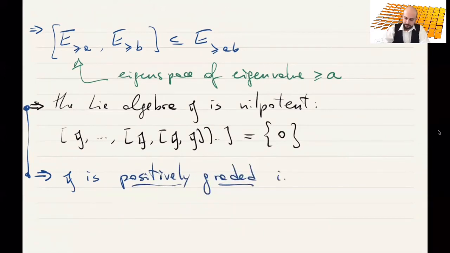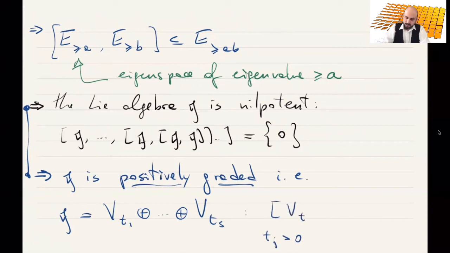Namely, you can write G as the sum of subspaces V_t, such that every t_j is greater than 0, and the bracket between V_{t_i} and V_{t_j} is inside V_{t_i + t_j}.